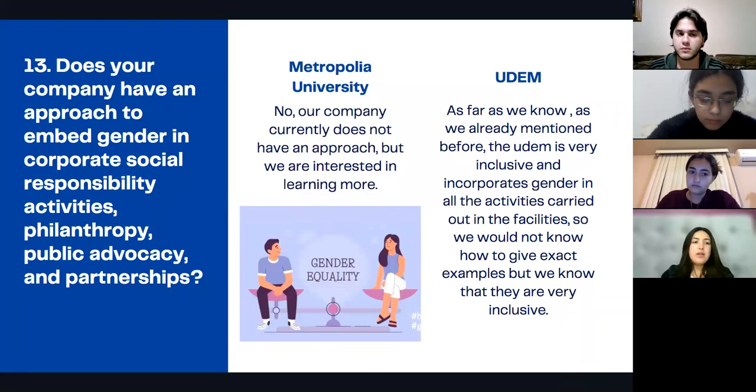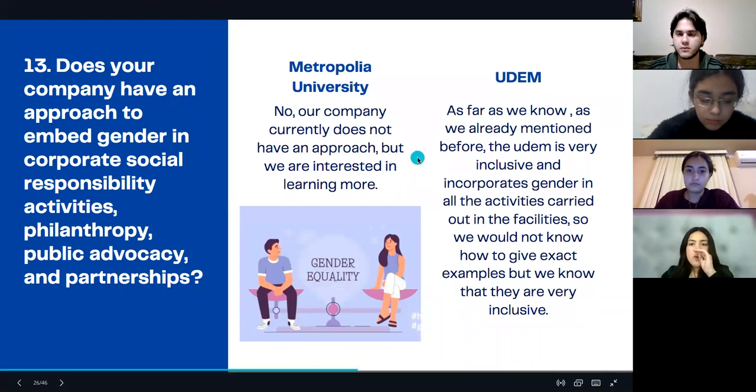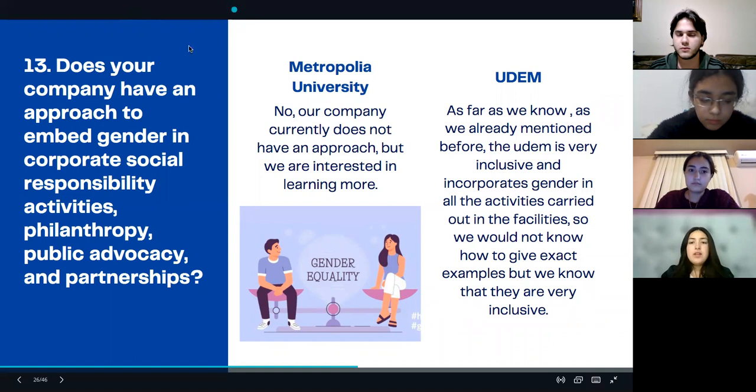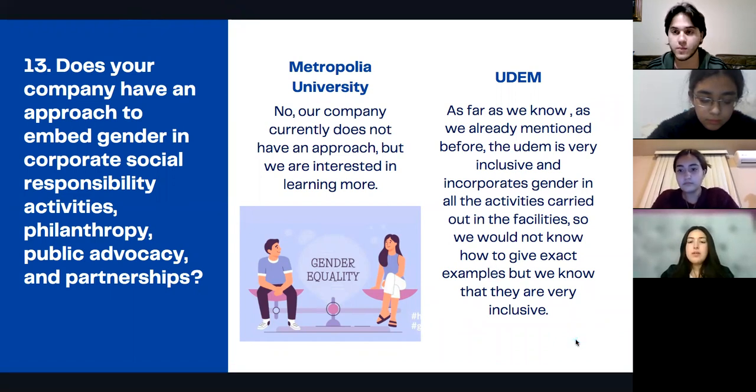Does your company have an approach to embed gender in corporate social responsibility activities, philanthropy, public advocacy, and partnerships? As far as we know, and as we already mentioned before, UDEM is very inclusive and incorporates gender in all the activities carried out in the facility. We cannot give an exact example now, but we know that they are very inclusive.